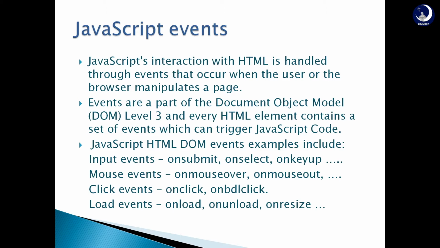Click events. When an element in HTML is clicked, you would use the onclick attribute, and ondblclick when an element is double clicked. Load events. onload, onunload, onresize are some of the attributes used to create a response to load events.